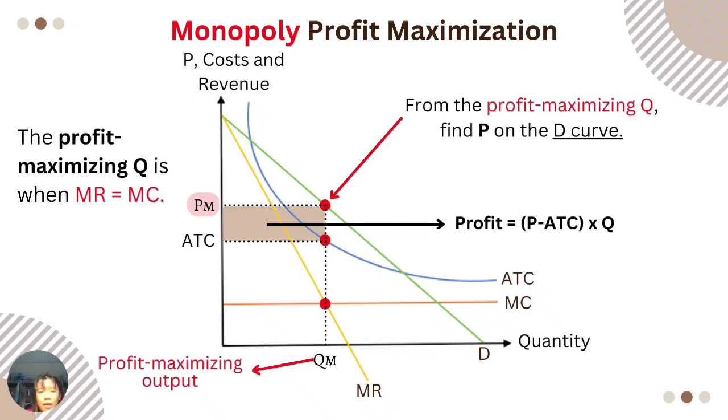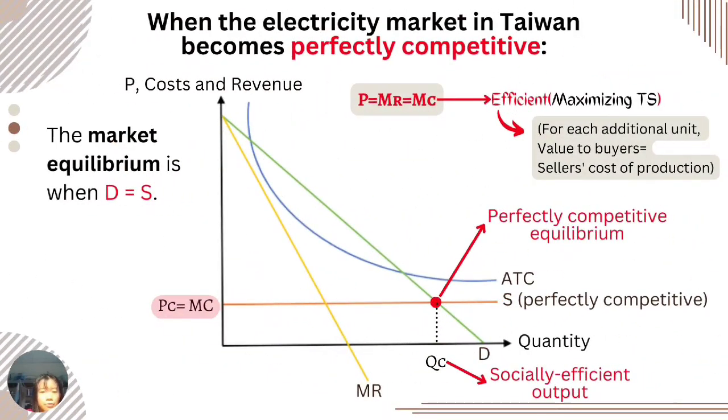Through the same way, from profit maximizing quantity, we can reach out to the point of ATC here. And since the price is higher than the ATC, meaning that the monopoly will make profit, so this is the area of the profit, which is the price charged by monopoly minus the ATC times the profit maximizing output by the monopoly.